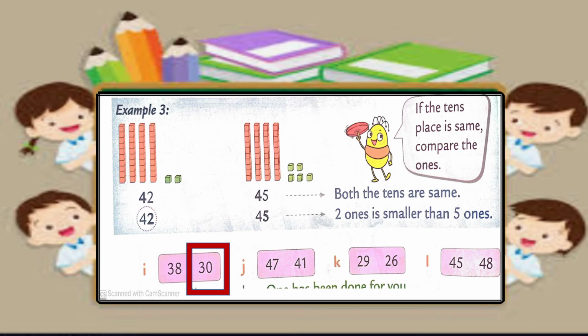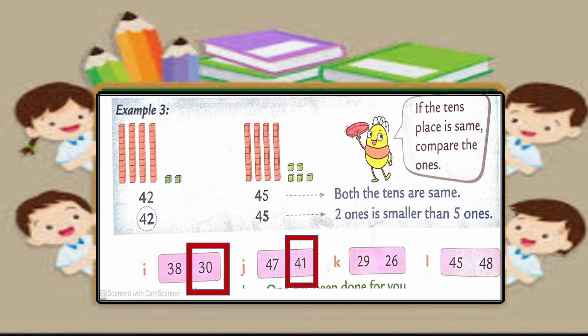Make a circle around it. J. 47 and 41. 47 and 41. So here we can say that 41 is the smaller number. So we have to make a circle around it.